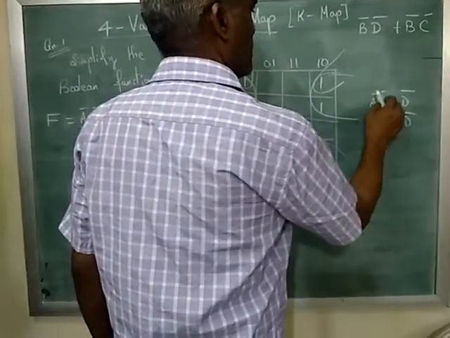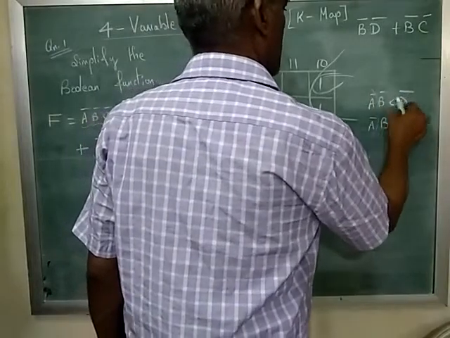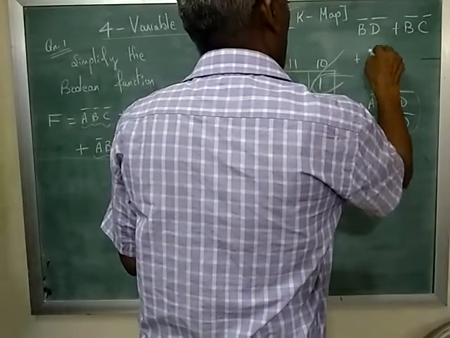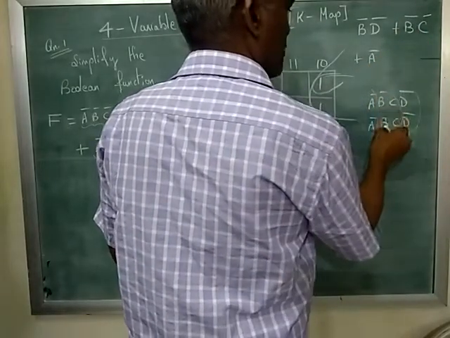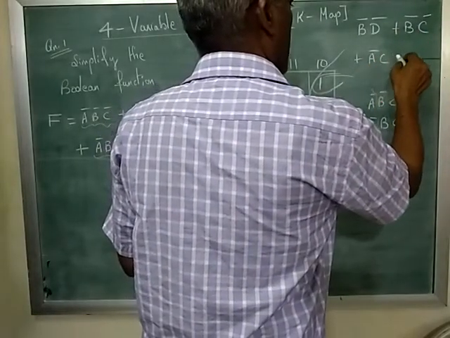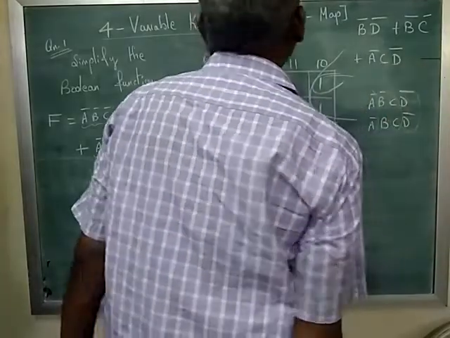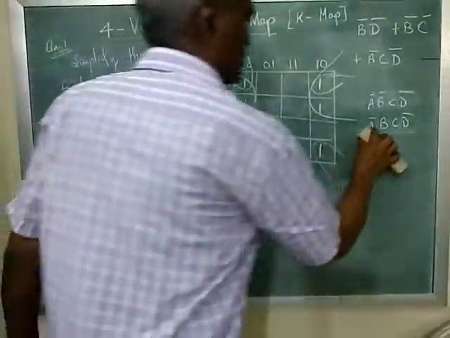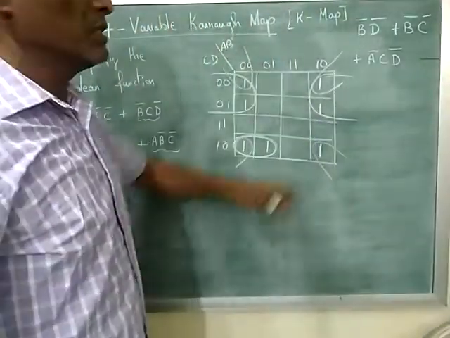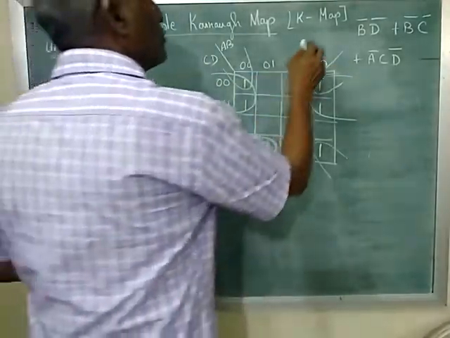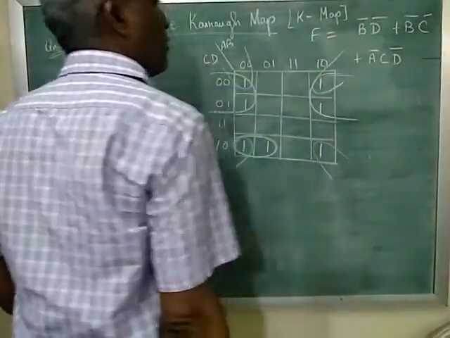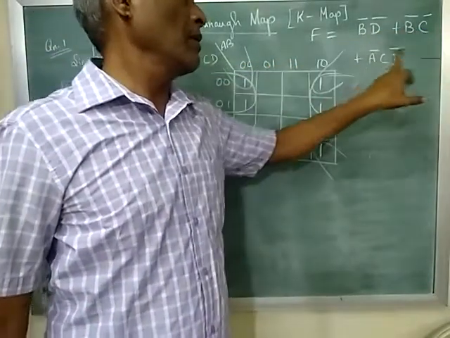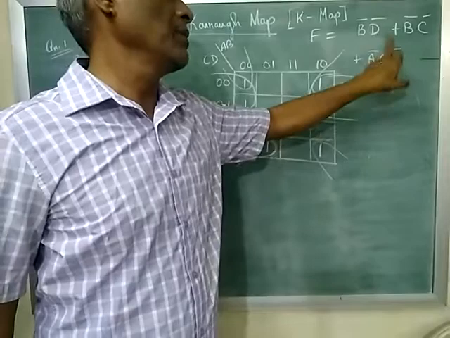So A bar is common, C is common, and D bar is common. That is, we have plus A bar, B is differing, C and D bar. So the simplified output is, now this is the simplified output. F is equal to B bar D bar plus B bar C bar plus A bar C D bar.